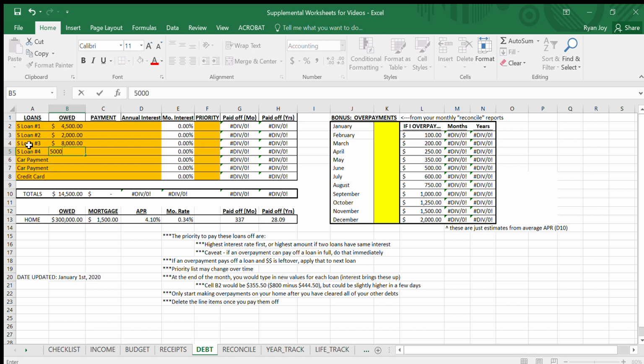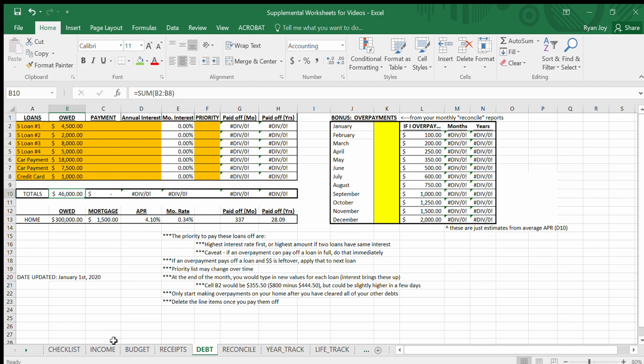We'll call it $5,000, and there's one car payment that has $18,000 left on the car, and another one has $7,500 left on the car, and the credit card payment isn't too bad. You only have, say, $1,000 owed on the credit card. So you'll see that John and Sarah have $46,000 currently in debt.